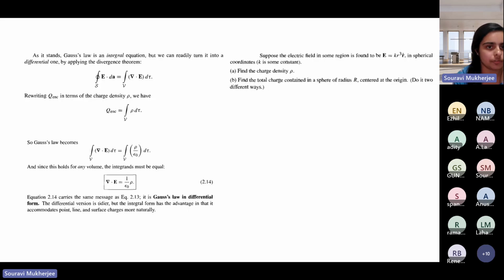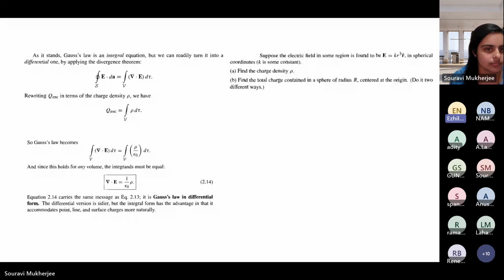If you talk about volume charge density, like here we are talking about volume element and volume charge density, it is charge per unit volume, and that is given as rho here. If you have some surface distribution, like some surface charge, then the total Q would be given as sigma into dA or ds, where ds is your surface element and sigma is your surface charge density.